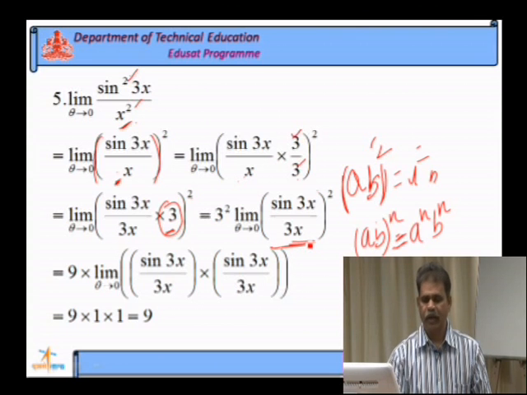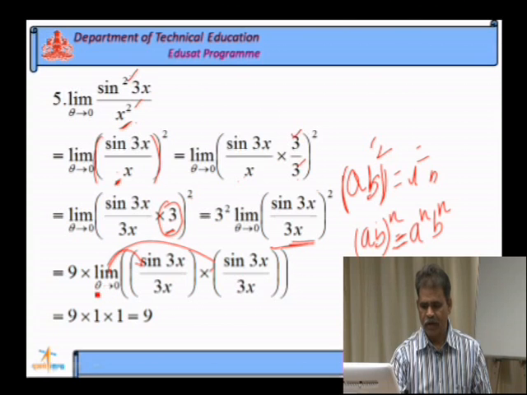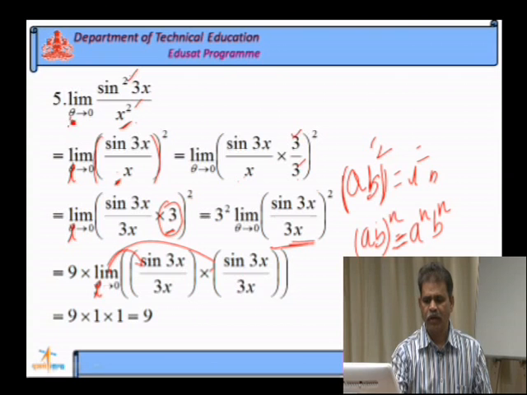This is square, means I can take it 2 times: limit of sin 3x by 3x into sin 3x divided by 3x. I can extend the same limit for both the functions, that is limit of sin 3x by 3x as x tends to 0, here I should take x not theta, because variable should be in x only. Therefore, this is 1, this is also 1 into 3 square.